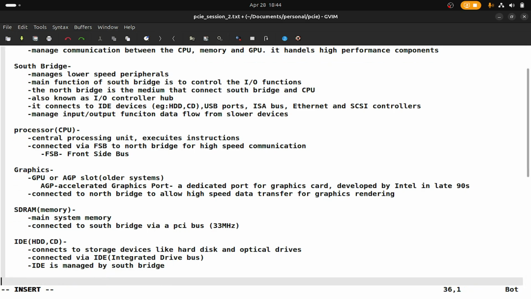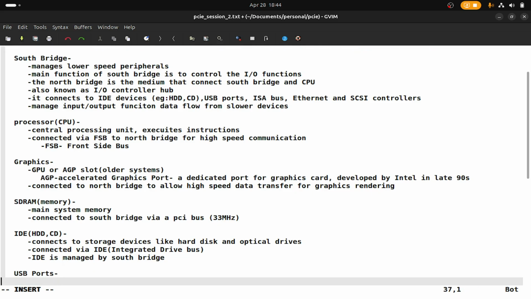Now let's take USB ports. Again, universal interface for peripherals.